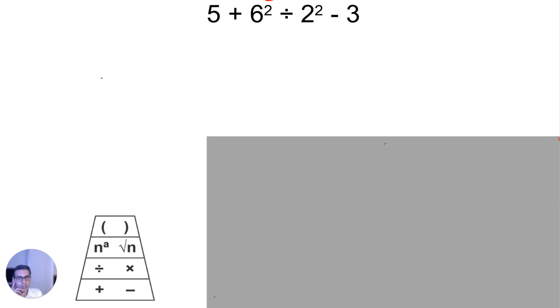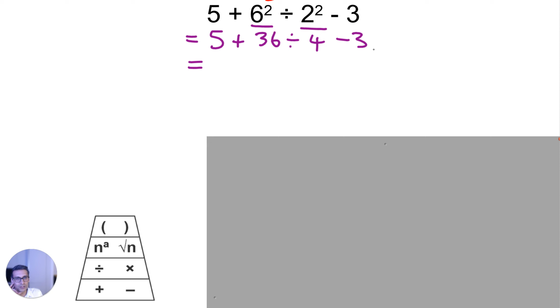This one's a little bit longer. You just have to be really careful with how you do it, the order in which you do it. Pause the video if you haven't finished. Okay, here we go. So we're going to do the indices first. So this will be 5 plus 36 divided by 4 minus 3. Next thing we want to do is look at what operations we have.